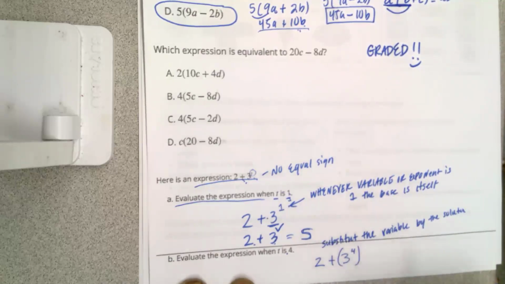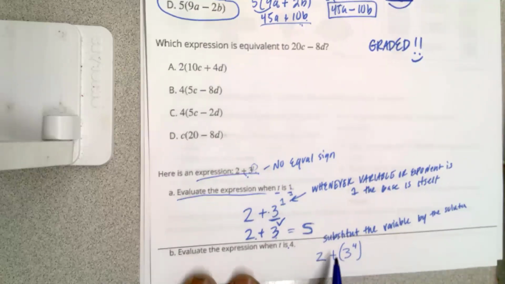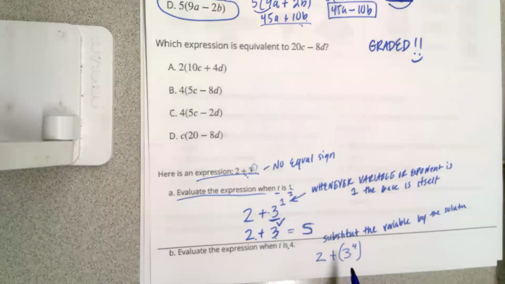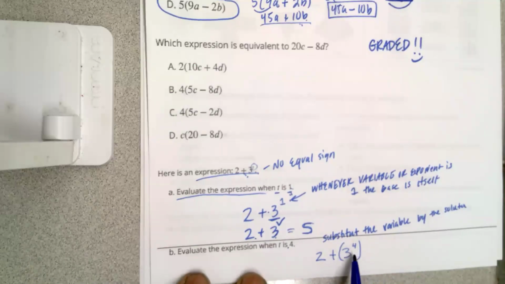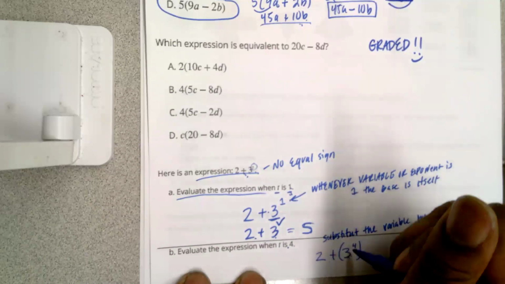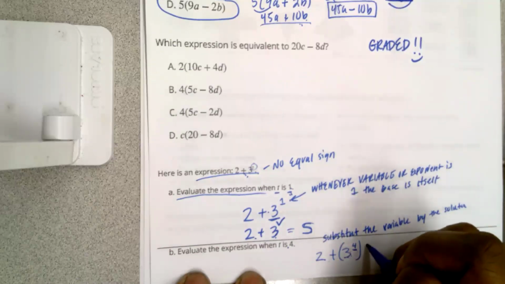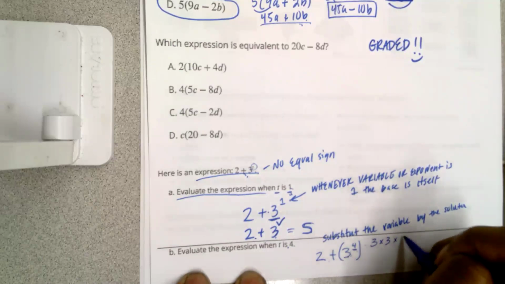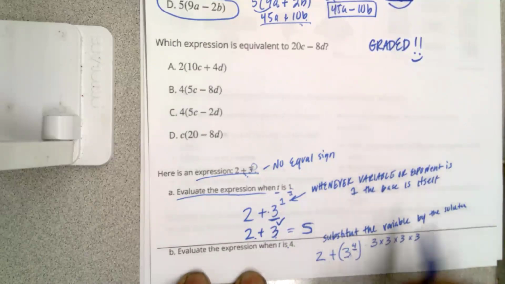And I'm going to put parentheses here because when you're solving equations, you want to follow a certain order. And in the order, exponents, which is the 4, comes before adding. So first you got to solve this. And 3 to the 4 does not mean 3 times 4. It means 3 times 3 times 3 times 3. It's 3 times itself, or the base times itself, to the power of 4 times.